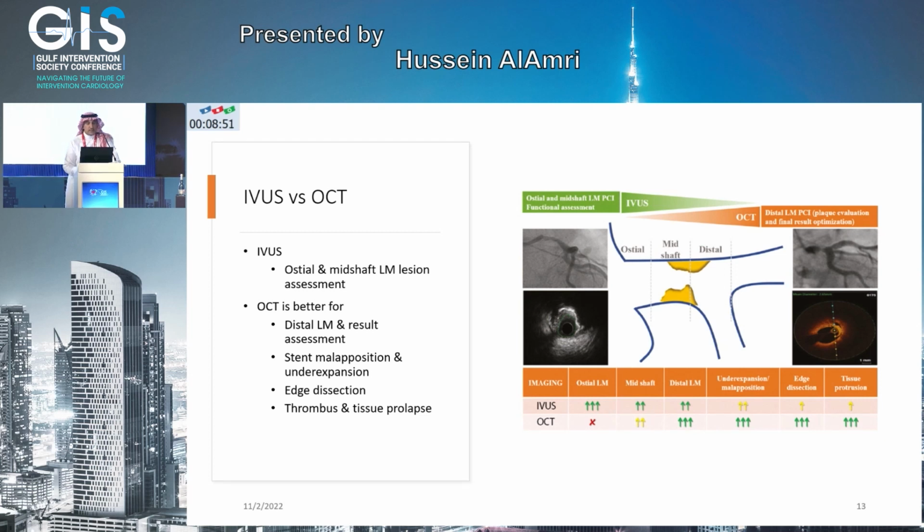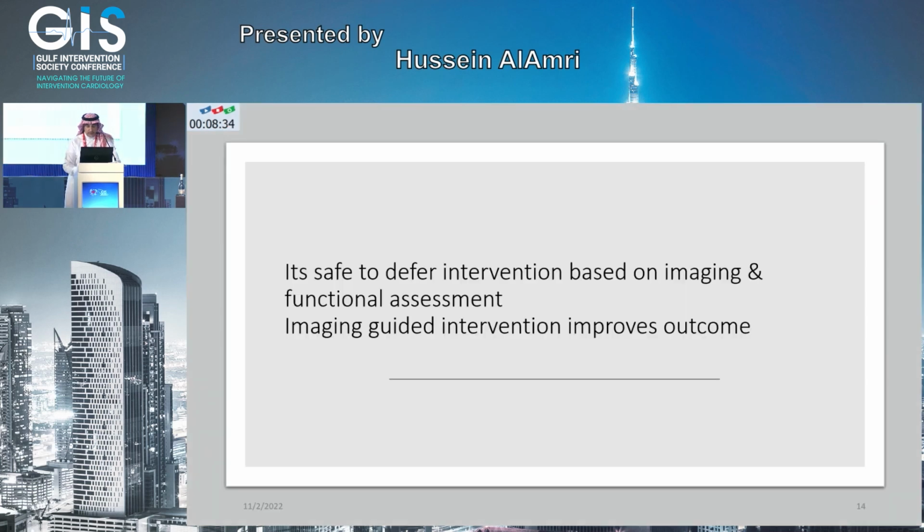However, if you deal with distal left main and bifurcation, by all means, OCT gives you better image, better resolution. It can assess expansion, edge dissection, tissue prolapse, thrombosis, and can even assist you in deciding where the wire is, where you crossed: distal, proximal, or mid of the stent.